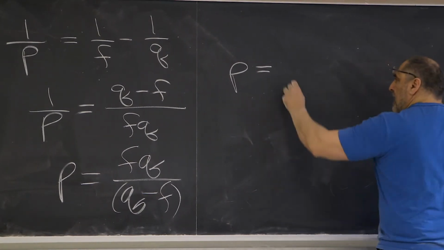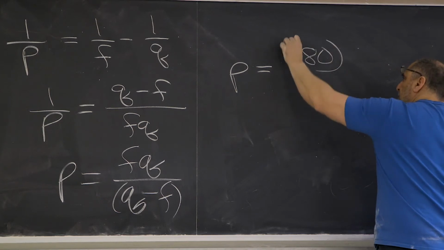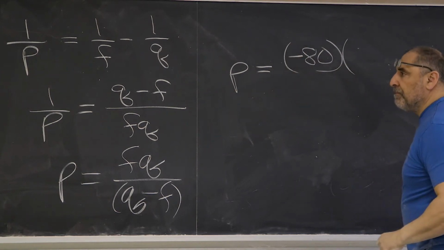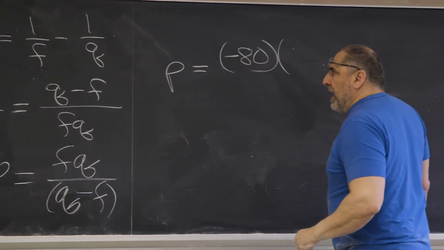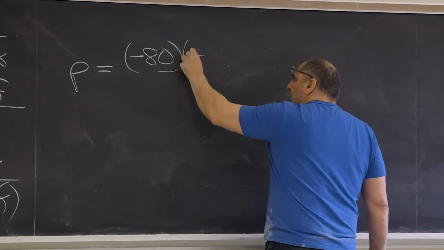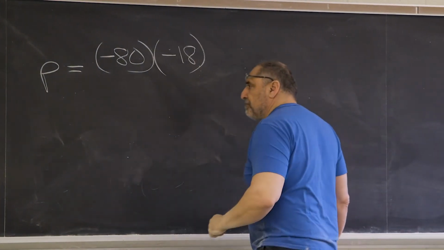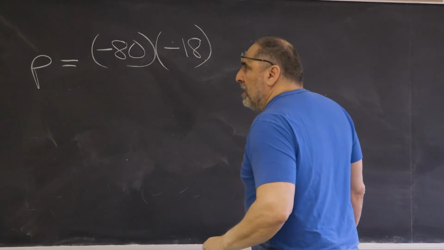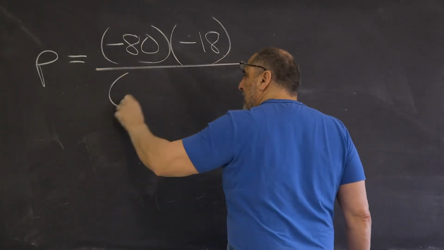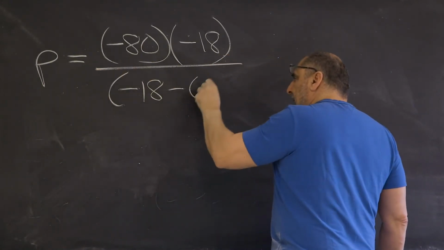f is negative 80. q is negative 18. Let's do it again. q is negative 18, f is negative 80.